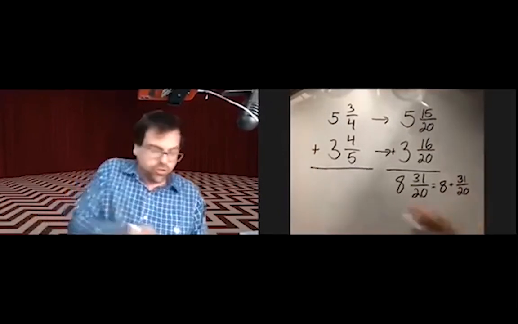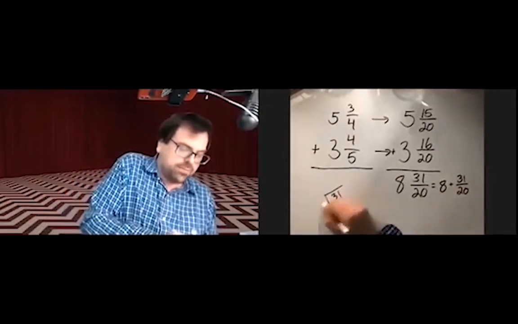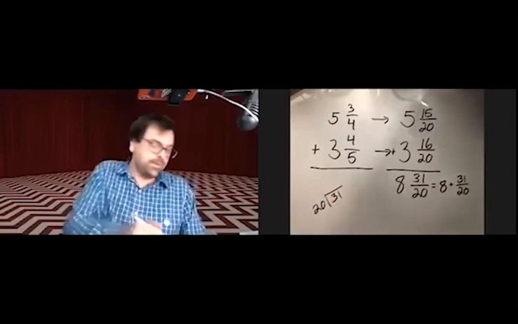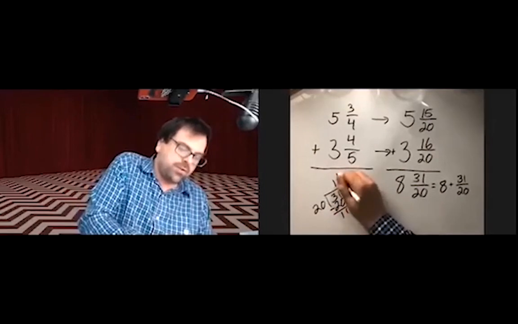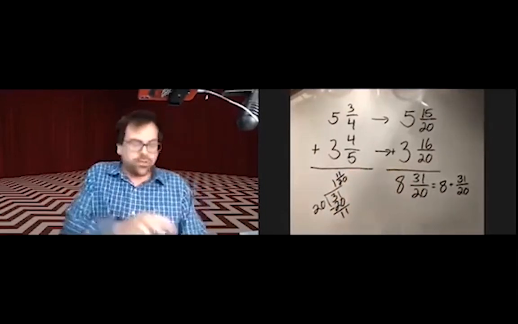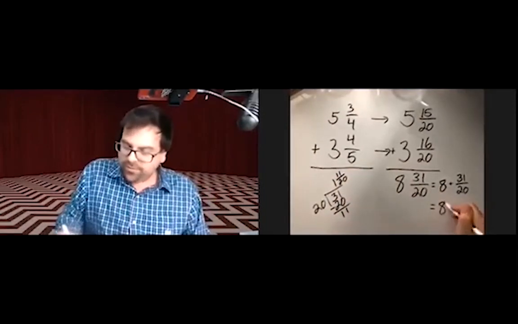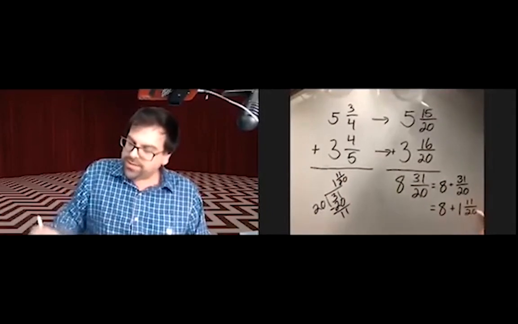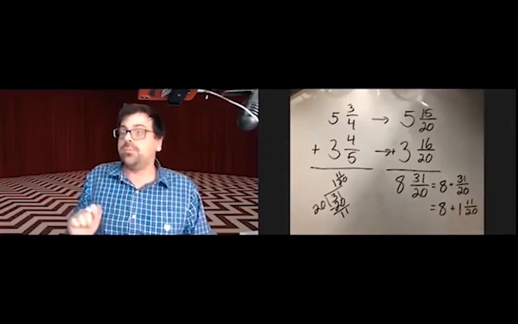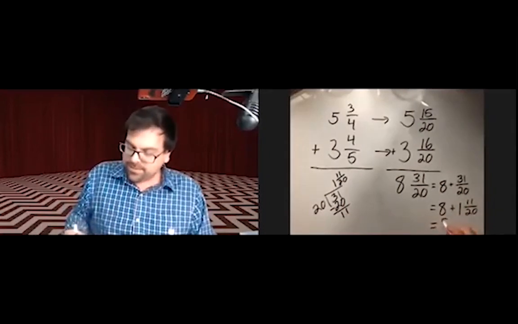If we change 31/20 to a mixed number, we get a remainder of 11, which goes over 20. 31/20 itself is 1 and 11/20, and we add the 1 to the whole number we already had.